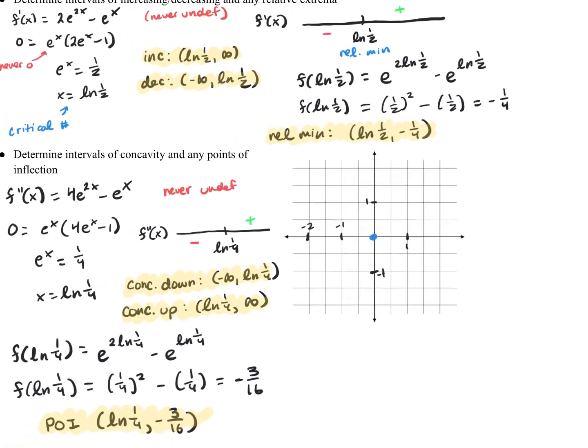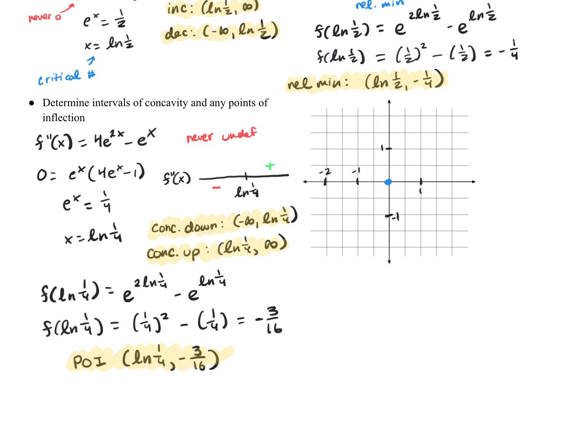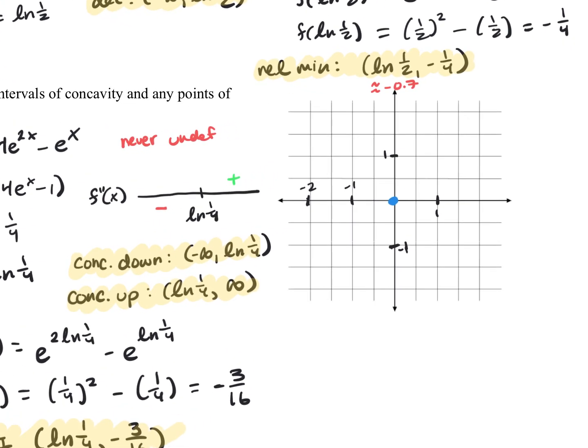We can plot our point of inflection and our relative minimum. So just to get an idea of where this is, the natural log of 1/4 is about -1.4. And again, natural log of 1/2 is approximately -0.7, just to help us plot those points. All right, so our relative min would be somewhere right around here.